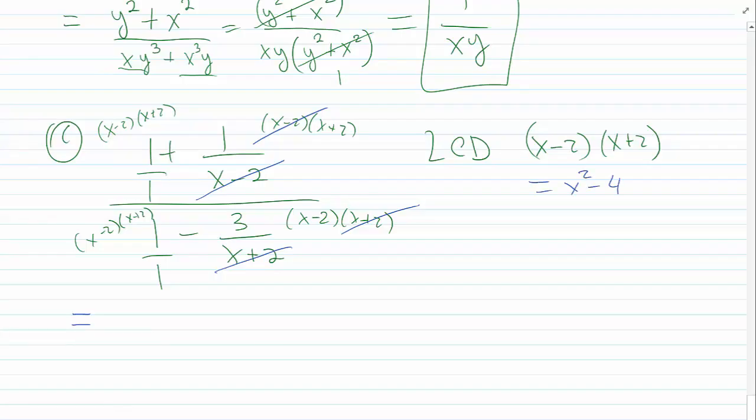Difference of squares, coming out of that class, definitely recognize that. So that's x squared minus 4. And here's going to be plus x plus 2. And notice it's a plus, so the sign will not change. The bottom is also x squared minus 4.